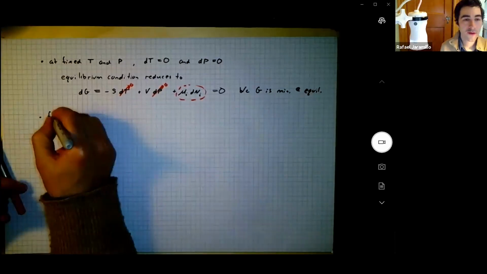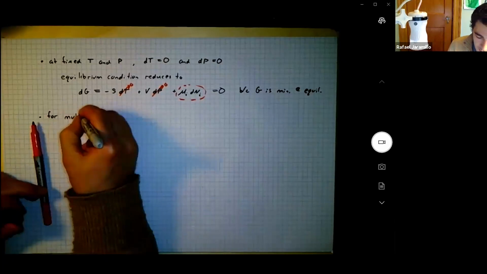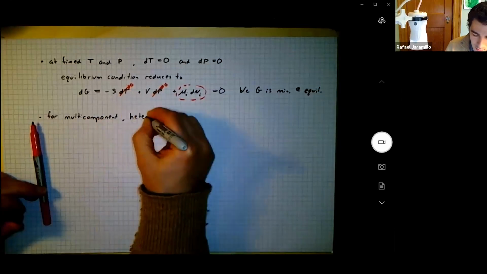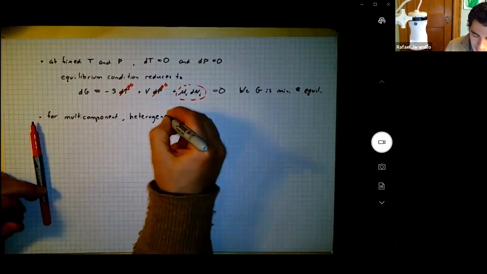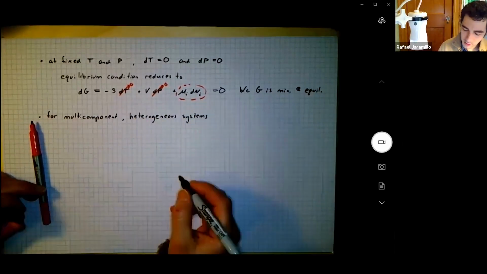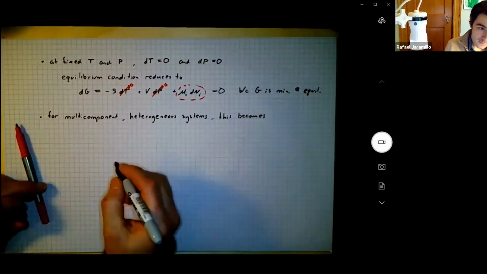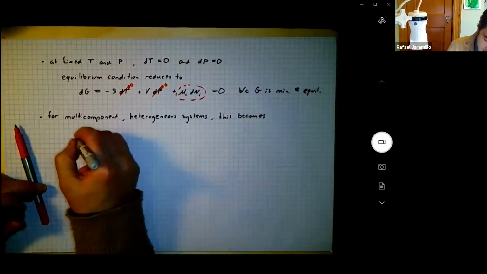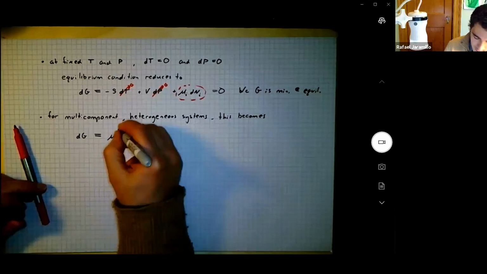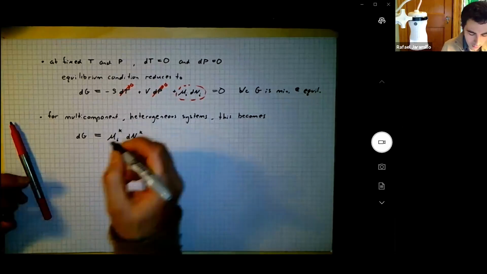So for most of the cases of interest to us as practicing materials scientists, that is multi-component heterogeneous systems, this becomes dG equals the sum over i, component k, of mu_i dn_i.